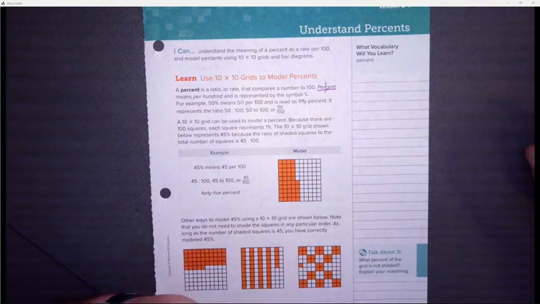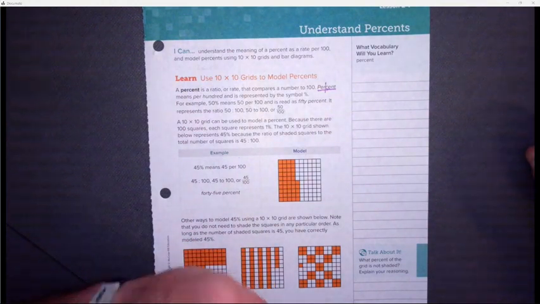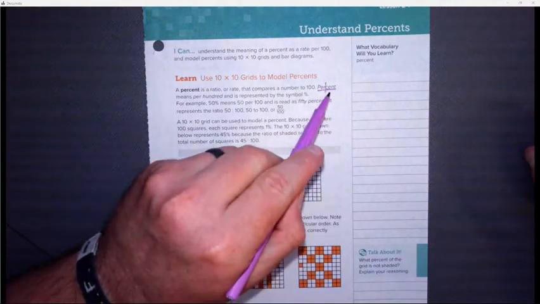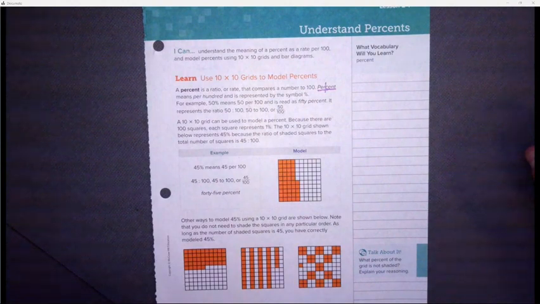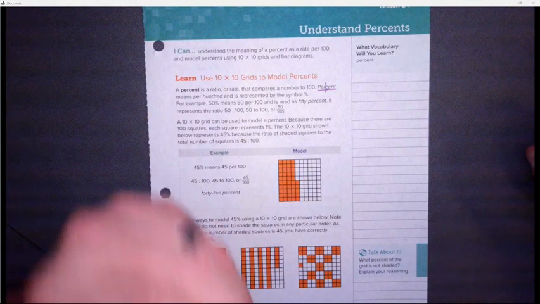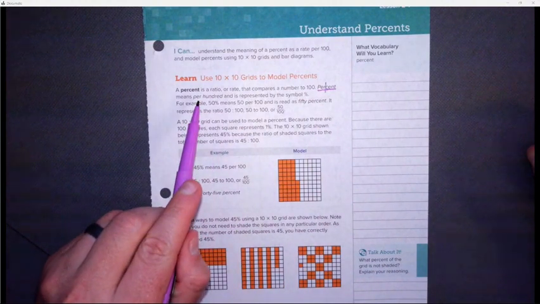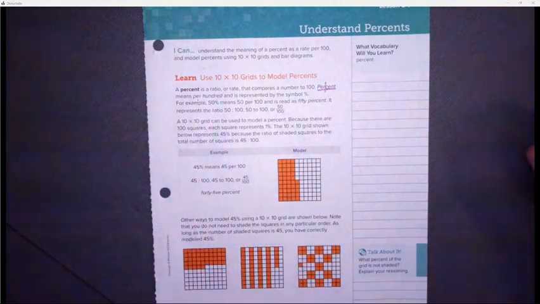As we learned in our previous lessons, there's 100 centimeters in 1 meter. We also see the cent in the word century, which is 100 years. So taking this knowledge of the word, we can see that percent is, as they told us, per 100.